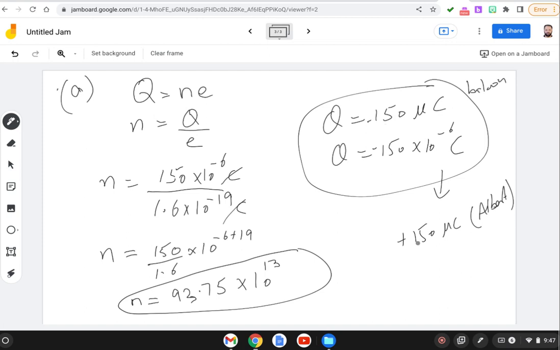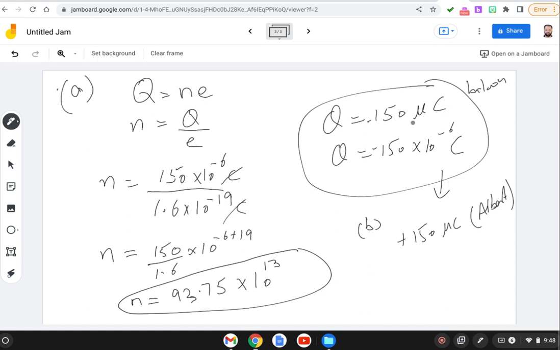You got it? This is the answer for part B. Plus 150 microcoulomb charge appears in the Albert. Clear? Yeah, clear.